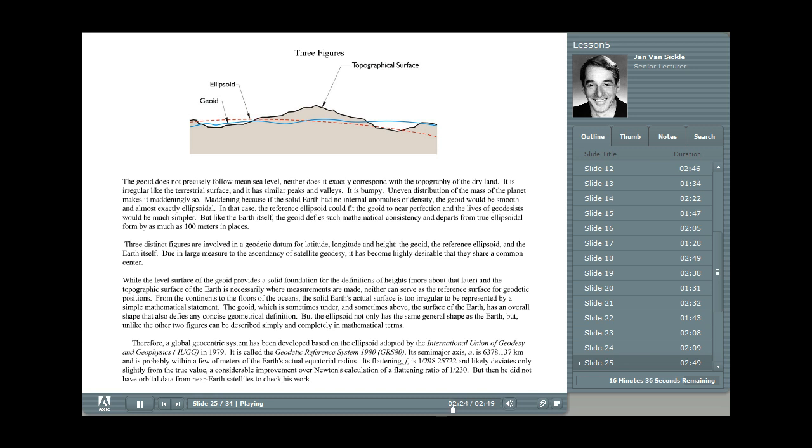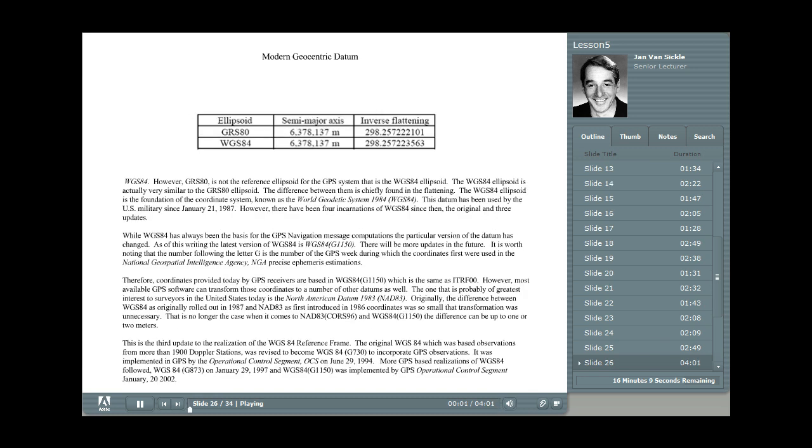Therefore, a global geocentric system has been developed based on the ellipsoid adopted by the International Union of Geodesy and Geophysics. It's called the Geodetic Reference System, GRS 80. And here are the semi-major and semi-minor axis and its flattening. Notice that it's 1 part in 298.25722 in the flattening.